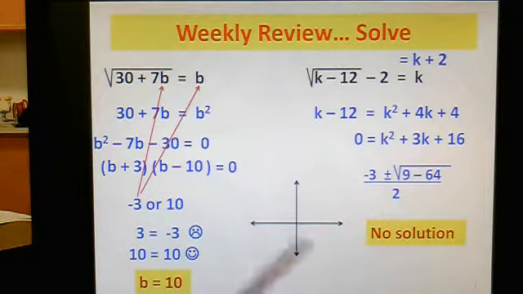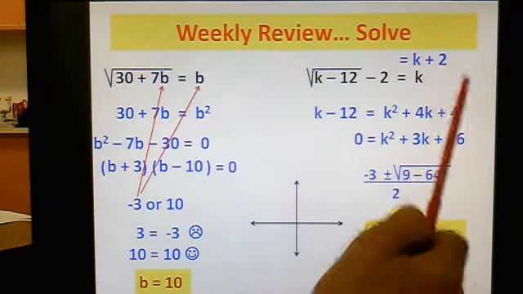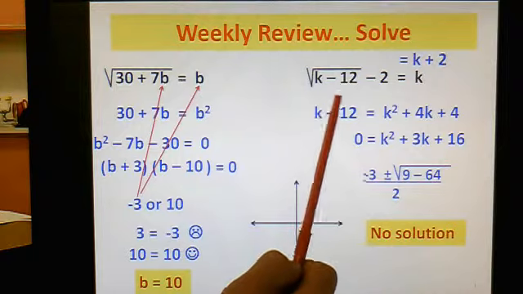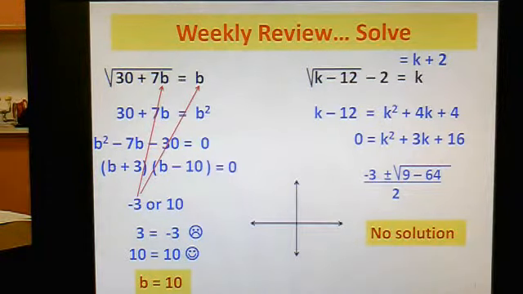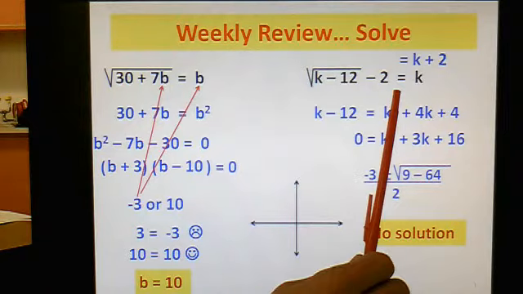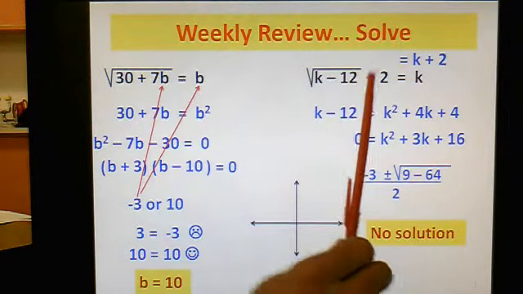Now again, there'll be systems tomorrow on the problems you do tomorrow, so you'll have to be able to graph something like this. And it won't look like this, it'll be two different equations like, y equals k minus the square root of k minus 12 minus 2. So think about the two things where this is shifted. This is shifting the graph right 12, and this is shifting it down 2.